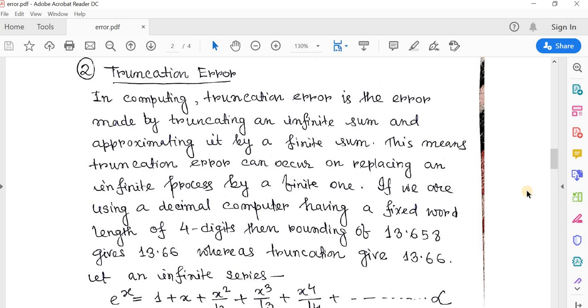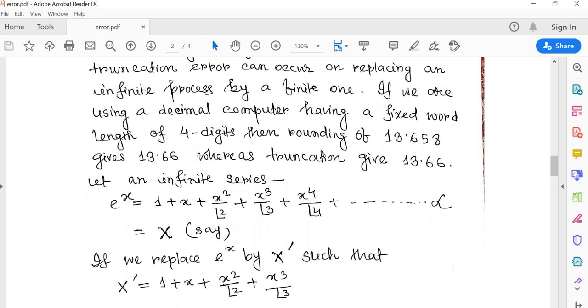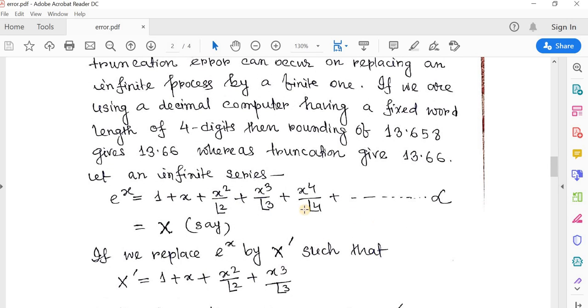If we are using a decimal computer having a fixed word length of 4 digits, then rounding of 13.658 gives 13.66, whereas truncation gives 13.65. So let an infinite series represented by e to the power x be equal to this. We can name this series as capital X, say.